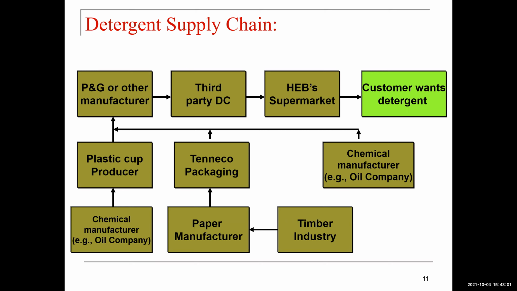Chemical manufacturer, packaging, plastic cup producer, and then all this goes to the manufacturer. The manufacturer puts together the product, and then you have a distribution center that is in charge of taking the product to supermarkets, and then the customer gets the product from the supermarket.